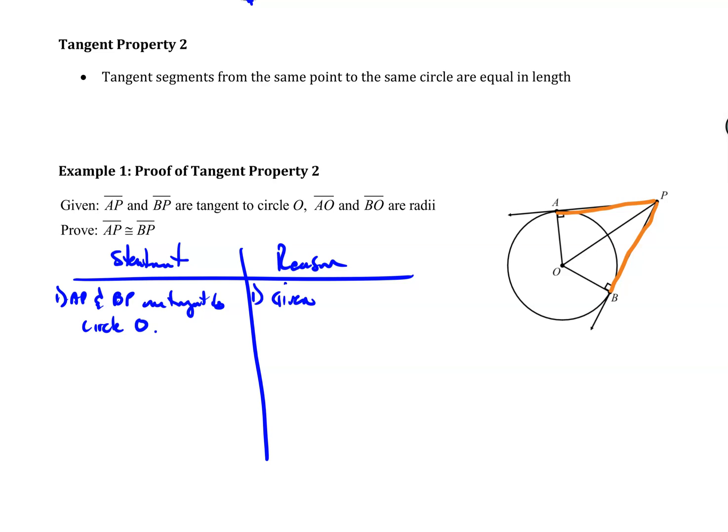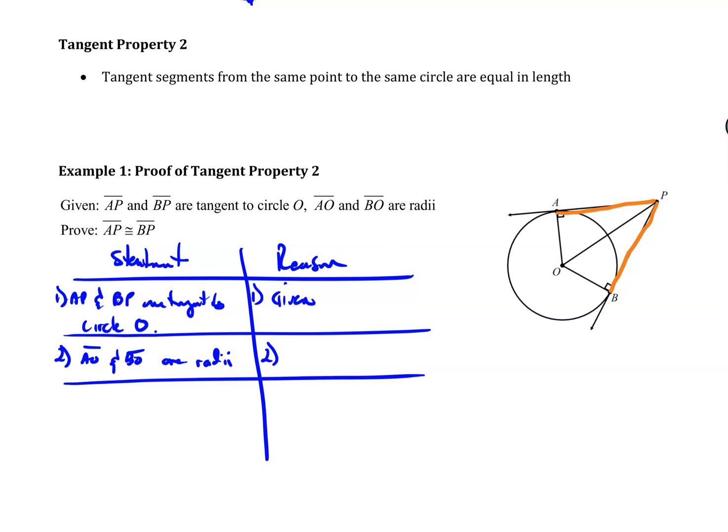And AO and BO are both radii. So two pieces of information, and we want to know what they tell me.